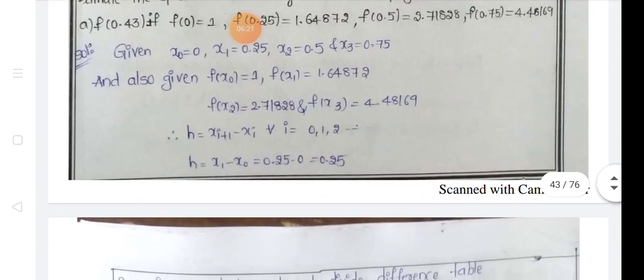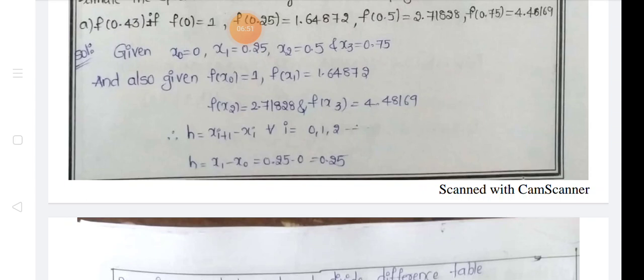Given x0 equals 0, x1 is equal to 0.25, x2 equals 0.5 and x3 equals 0.75, and also given f of x0 equals 1, f of x1 equals 1.64872, f of x2 equals 2.71828 and f of x3 equals 4.48169.